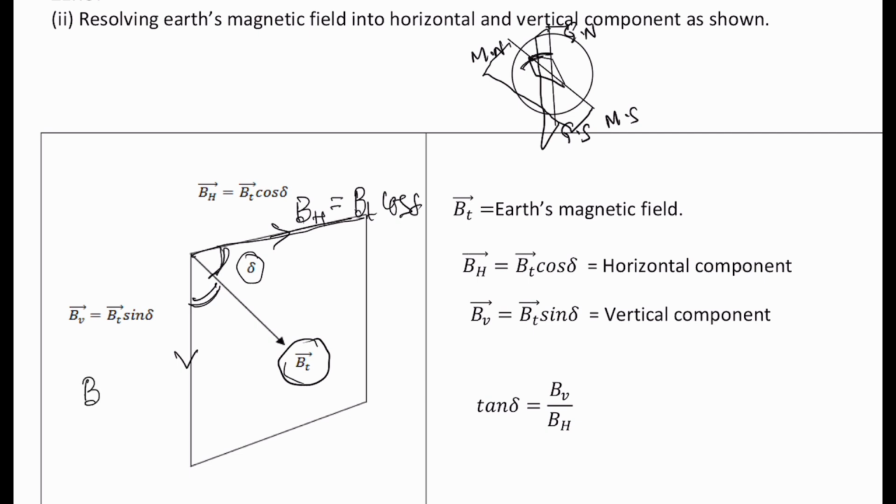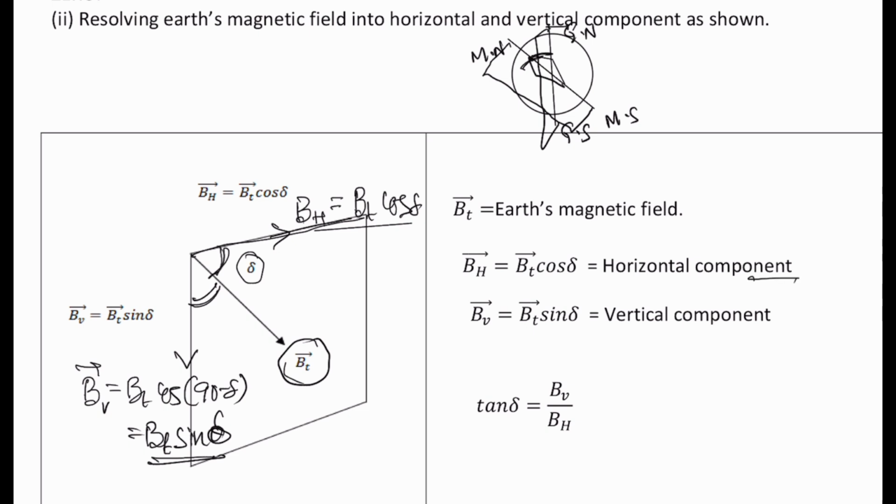BV, the vertical component, is equal to BT cos of (90 minus delta), which is equal to BT sin delta, correct? So these are the two components of Earth's magnetic field. The horizontal component is BT cos delta and the vertical component is BT sin delta.